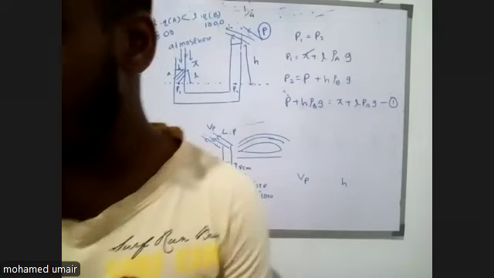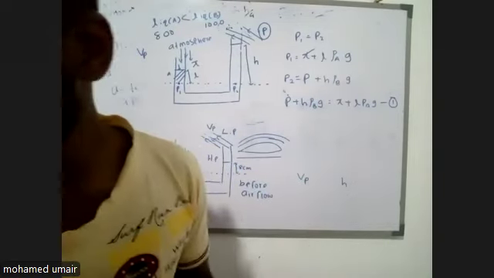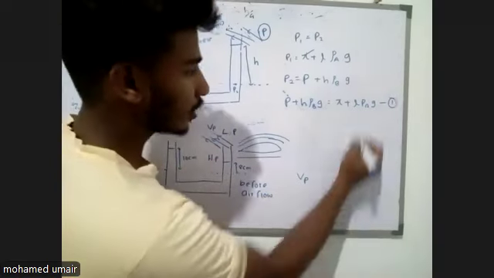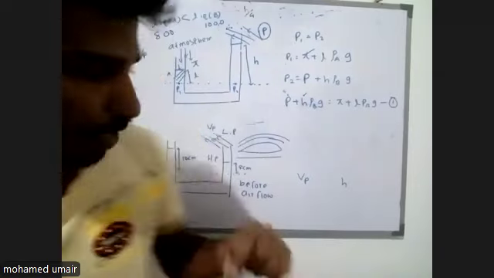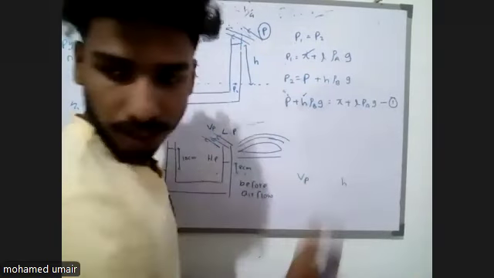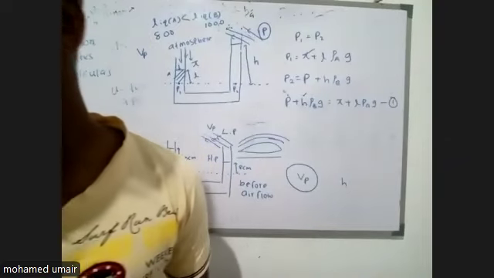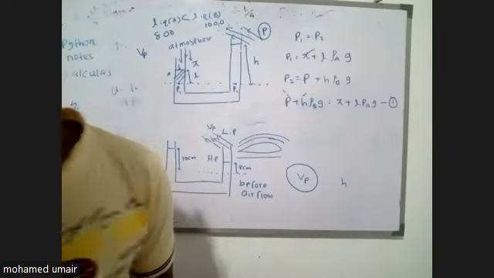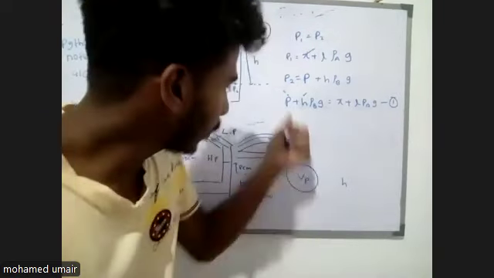Now we are having the height of the liquid, it's fine. But unfortunately, in this expression, we don't have Vp. So now we have to come up with another solution. How can I include Vp in here?